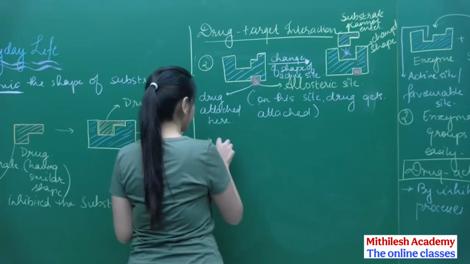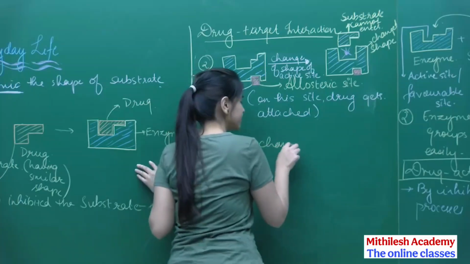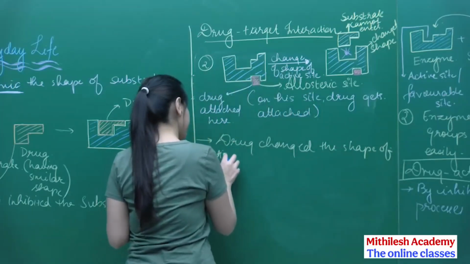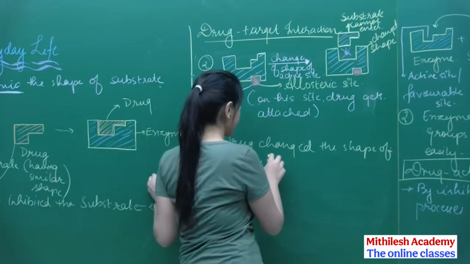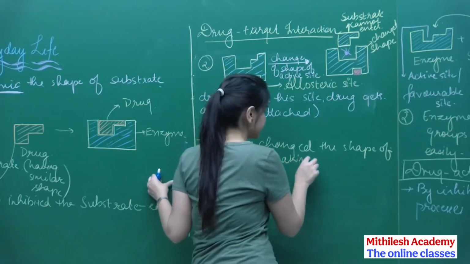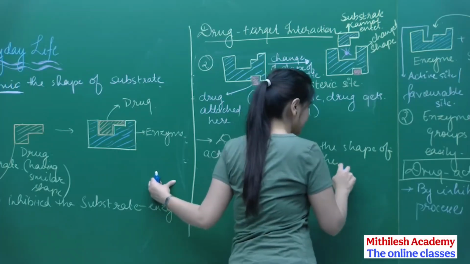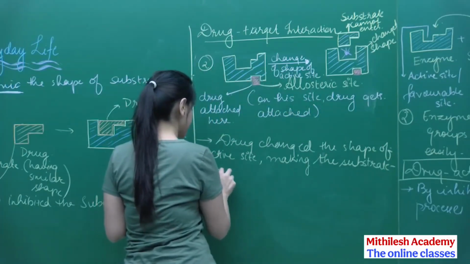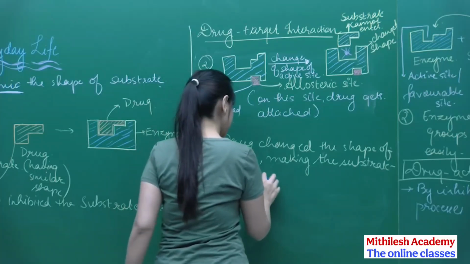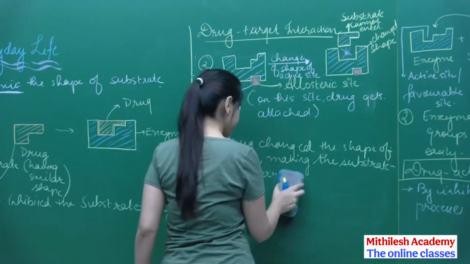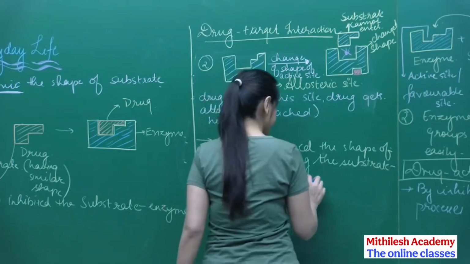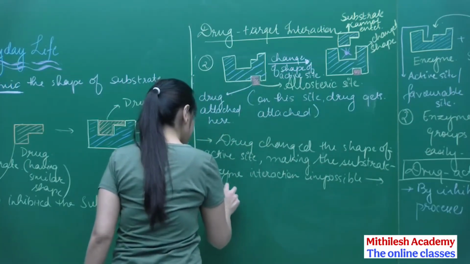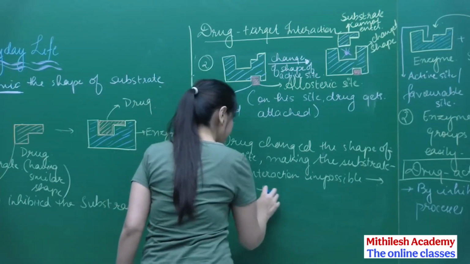So here what happened was, the drug changed the shape of the active site, making the substrate enzyme interaction impossible, thereby inhibiting the enzyme action.